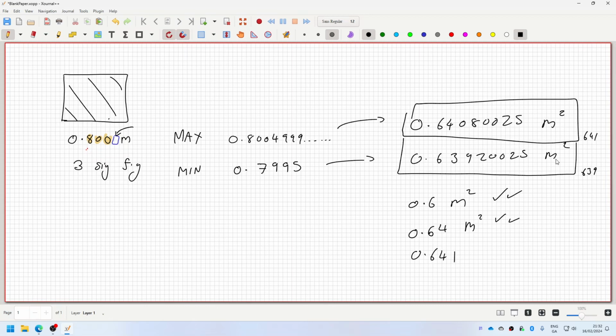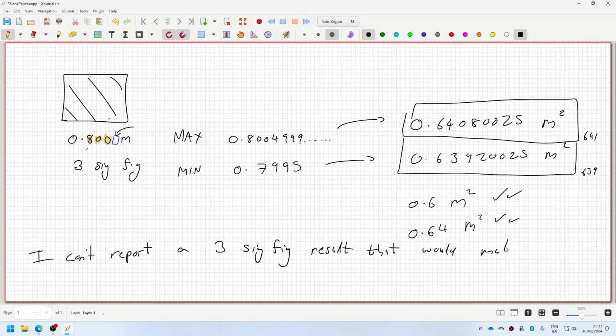I cannot report a three significant figure result that would be consistent with the true answer rounded to three sig figs. So the best is two.